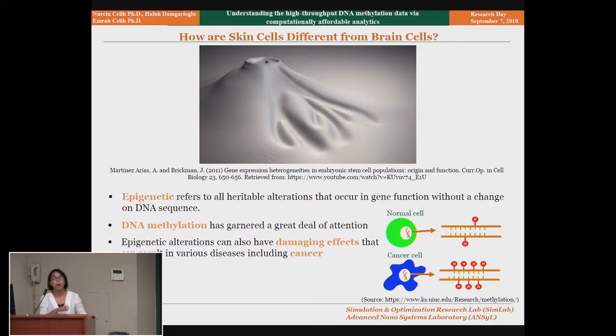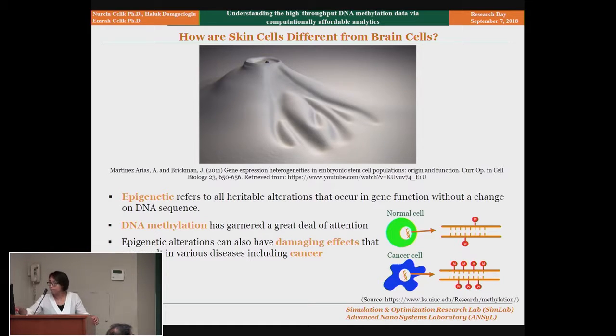As part of this epigenetics reasoning, DNA methylation is of particular interest to us, mostly because it's impacted a lot by these epigenetic changes, and also it may have a devastating impact, such as diseases, including cancer. We know that cancer is associated with the levels of methylation around the DNA.